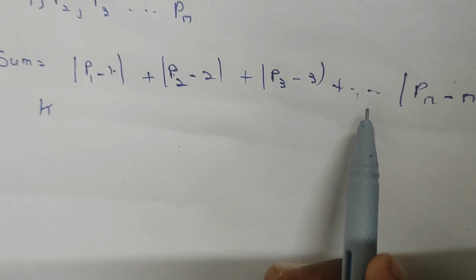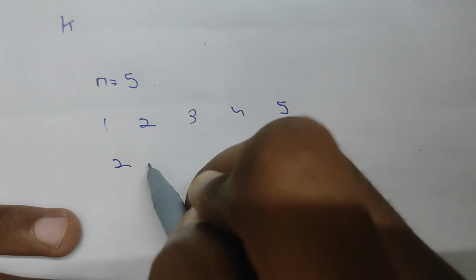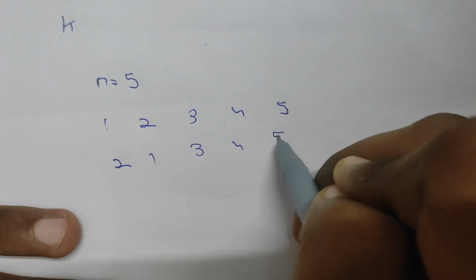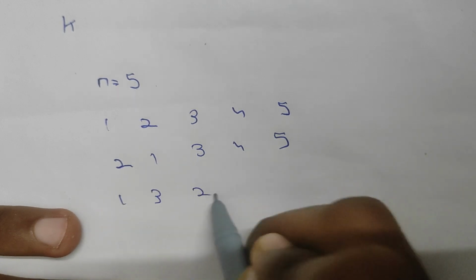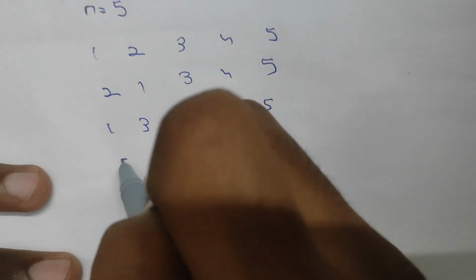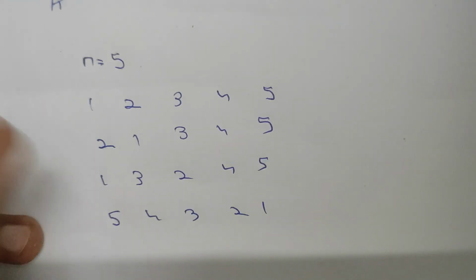Suppose n is equal to 5. What are the permutations of n equal to 5? 1, 2, 3, 4, 5 is one permutation. You can swap 2 and 1: 2, 1, 3, 4, 5 is another permutation. 1, 3, 2, 4, 5 is another. Likewise 5, 4, 3, 2, 1 is another permutation.